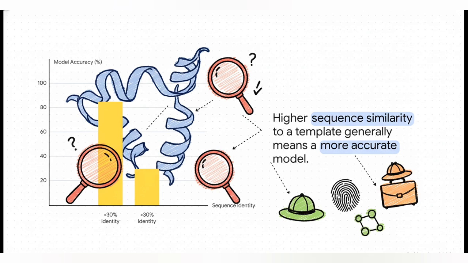See, these models are usually built by comparing them to a known protein, which acts as a template. Sequence identity just measures how similar the new protein is to that template. And there's this kind of rule of thumb. If the similarity is over 30%, you're probably on the right track to getting a decent model. But if it drops below 30%, whoa, the chance of major errors goes way, way up. It's a super important clue for sure, but it's definitely not a guarantee.